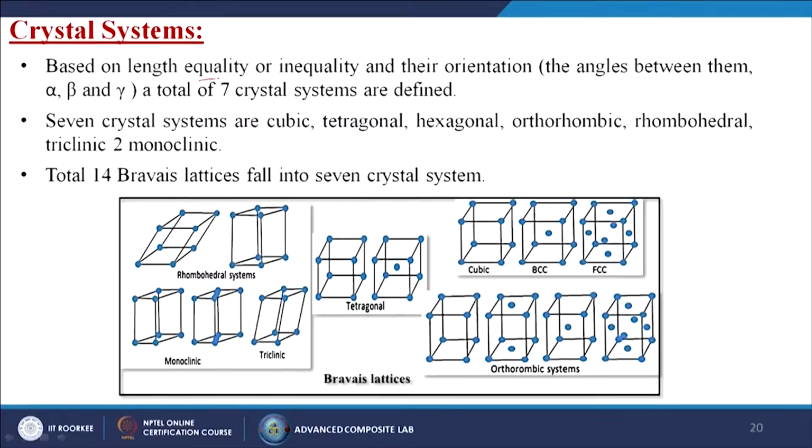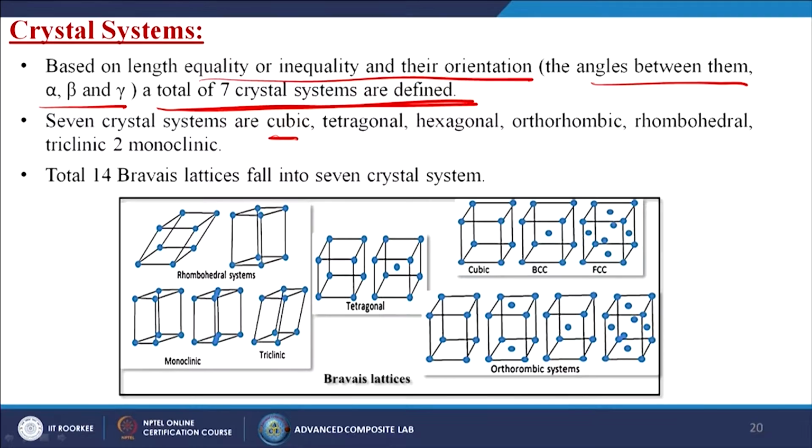So what are crystal systems? Based on length, equality or inequality, and their orientations, the angles between them, alpha, beta and gamma, a total of 7 crystal systems are defined. The 7 crystal systems are cubic, tetragonal, hexagonal, orthorhombic, rhombohedral, triclinic and monoclinic. A total of 14 Bravais lattices fall into these 7 crystal systems.